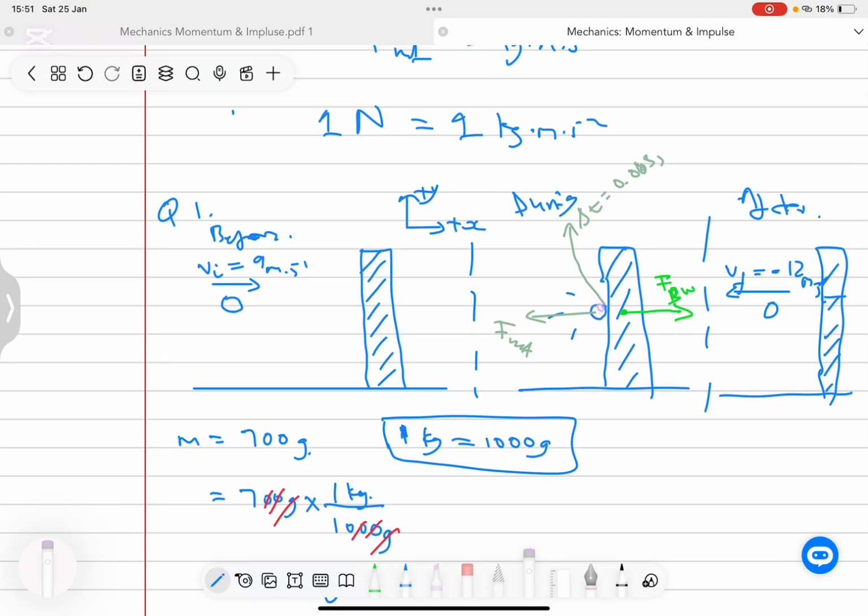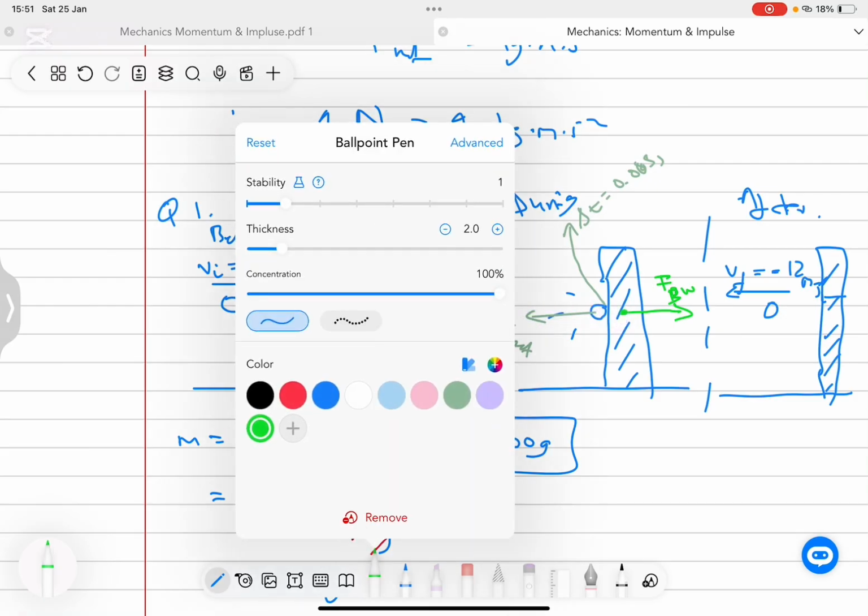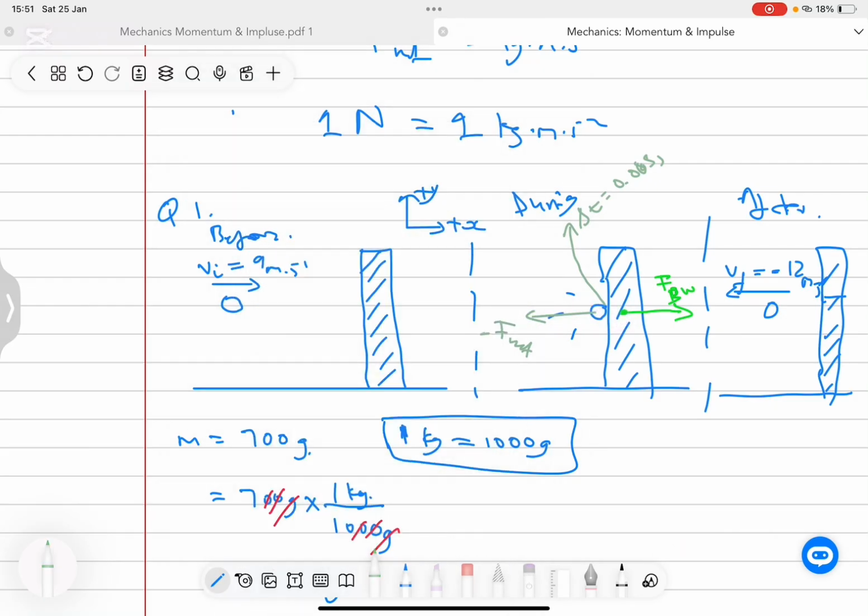In other words, the force that the ball exerts on the wall would go in the positive direction, and the force that the wall exerts on the ball will go in the negative direction. So this means this force here is negative, and in fact we calculated this force to be negative.